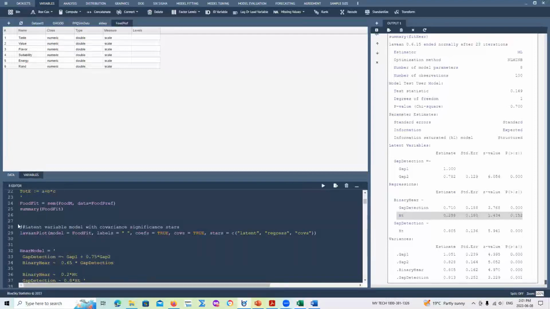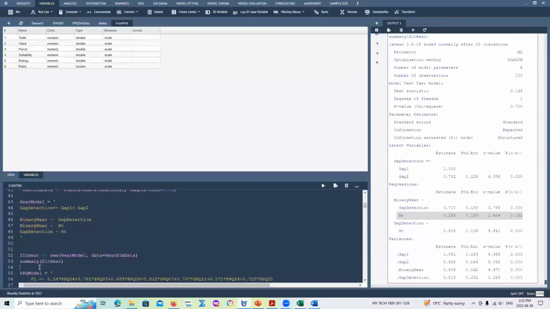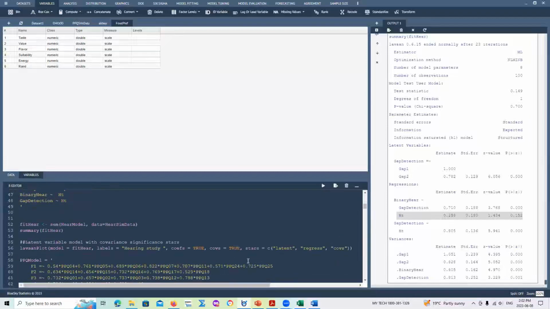Latent and regress. I'm not happy with where this thing goes to.